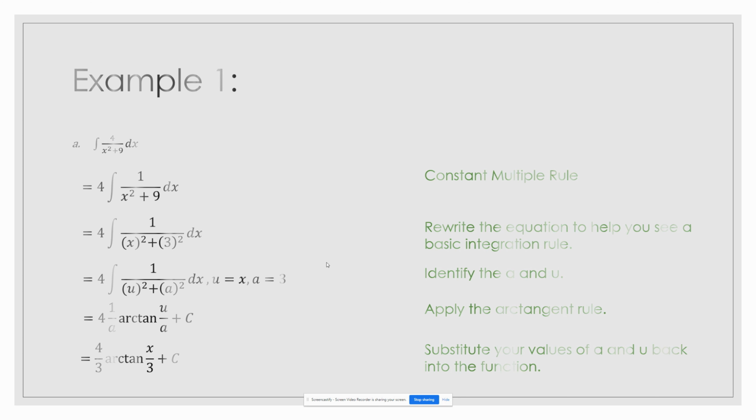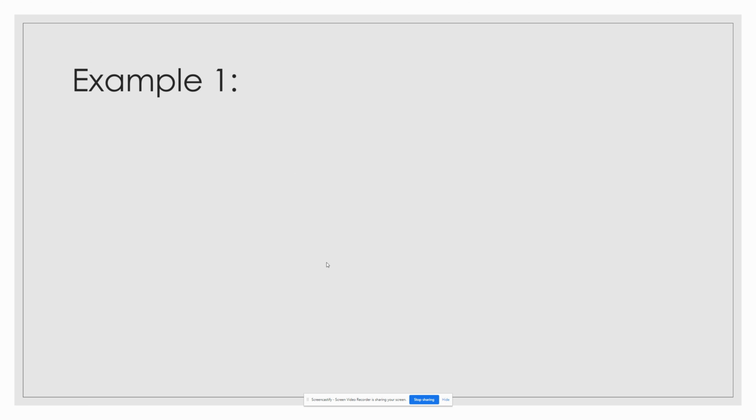All right, let's look at example B. So B gave us the integral of 4x over x squared plus 9 dx. And this is what I see. I see that x squared plus 9 in my denominator. And you know what? Before, we learned something called u substitution.